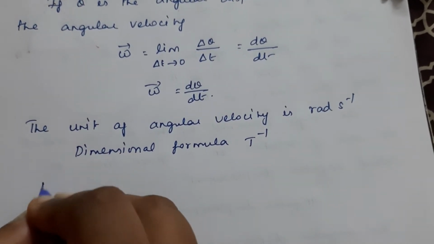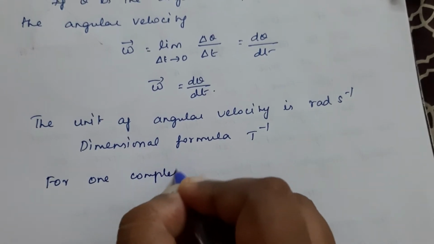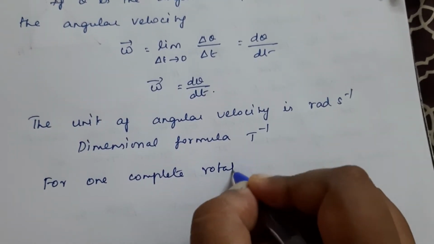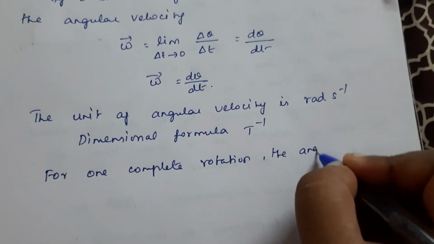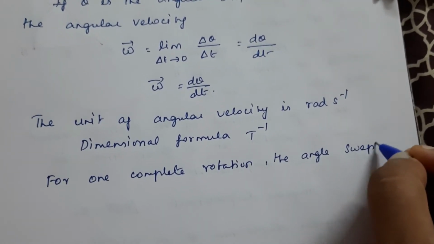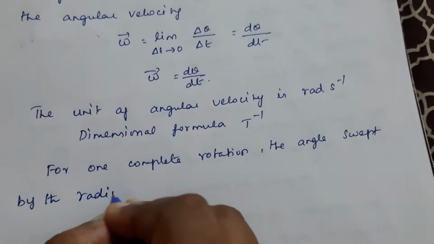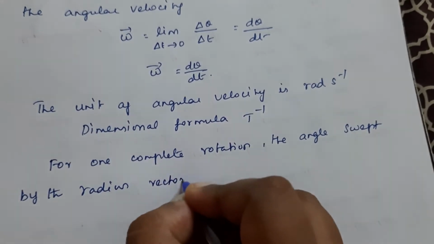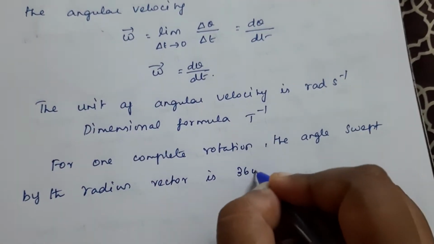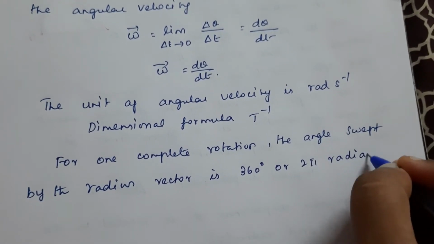Now for one complete rotation, what is the angle swept by the radius vector? The angle made by the circle is 360 degrees, or you can say it is 2 pi radians.